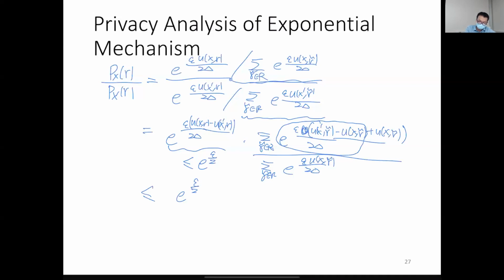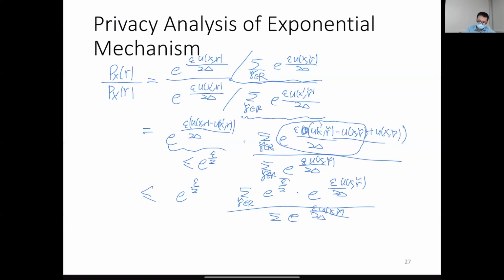I'll copy this and then extract every one of these products with a maximum value. So I'll get the sum over r tilde in the range of e to the power of half epsilon again, multiplied by e to the power of epsilon u(x, r tilde) over 2 delta, divided by e to the power of epsilon u(x, r tilde) over 2 delta, right?